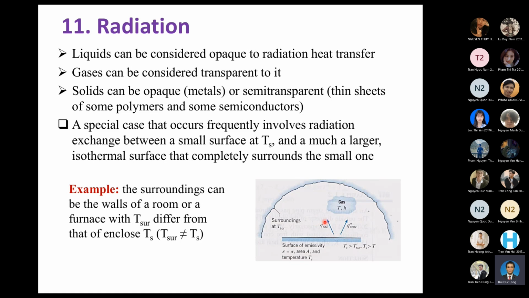You can see it is emitted by radiation and by convection. So our body and the surrounding environment exchange heat by radiation and convection. Not only one mode, it can be a combination of two modes of heat transfer.